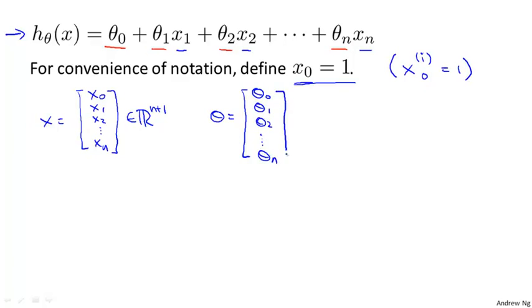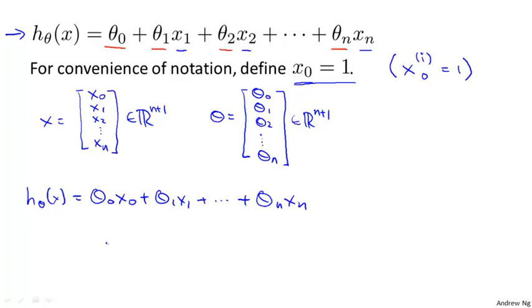This is another 0 indexed vector, so indexed starting from 0, that is another n plus 1 dimensional vector. So my hypothesis can now be written theta 0 x0 plus theta 1 x1 plus dot dot dot up to theta n xn. And this equation is the same as this one on top because x0 is equal to 1.